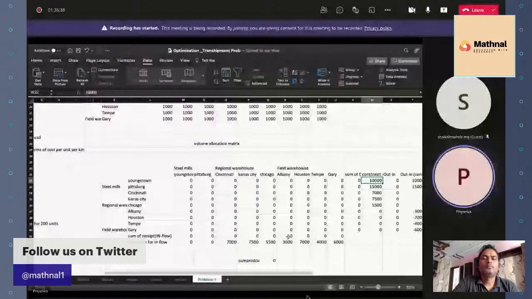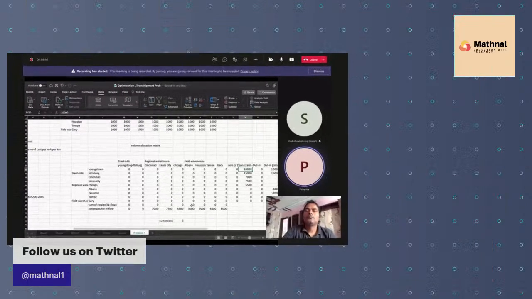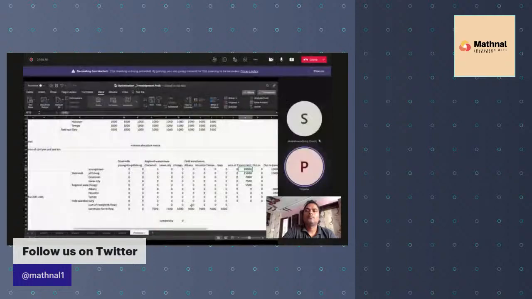What is the maximum dispatch Cincinnati can do? Whatever is received. This is inflow. Constantly 7,000.